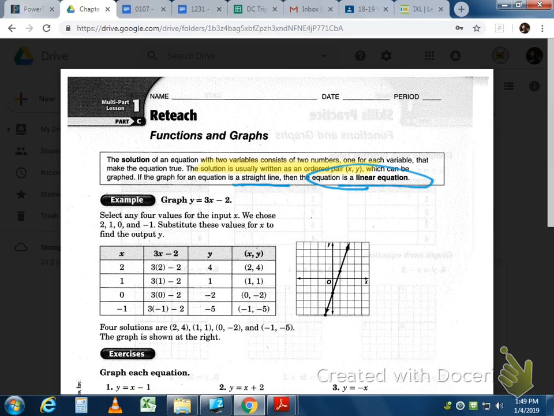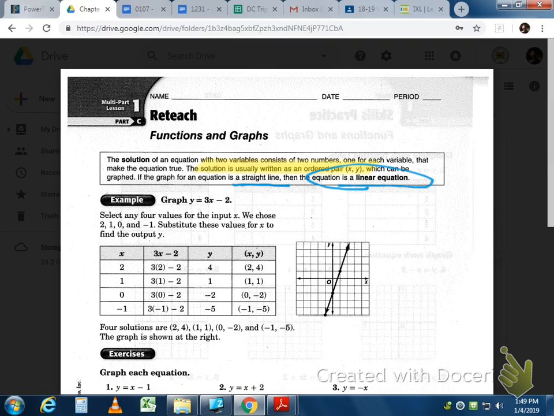Now, if you look at the example they gave us, it says graph y equals 3x minus 2. It says select any four values for the input x. Well, I'm really not going to let you do that. I'm going to give you the same ones. It's kind of crazy how they've got that. We chose 2, 1, 0, and negative 1.